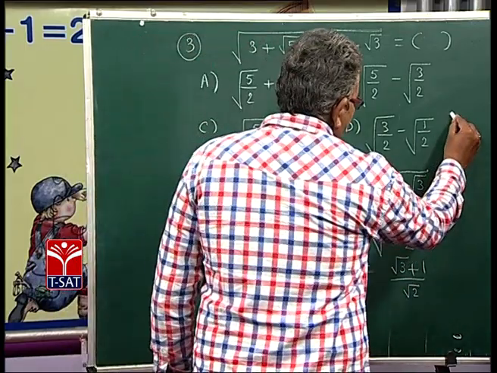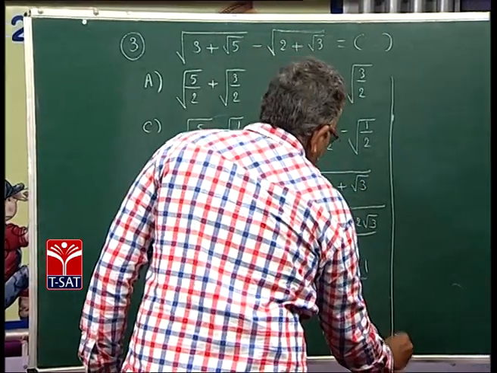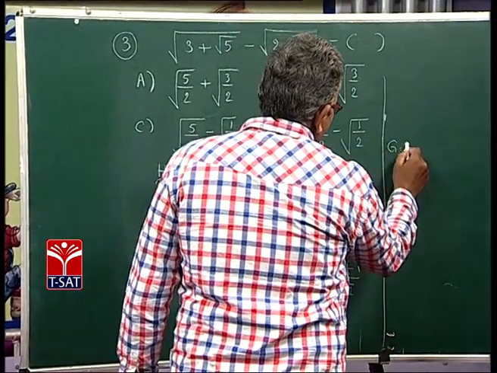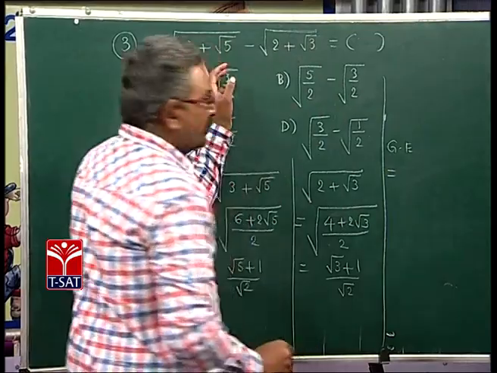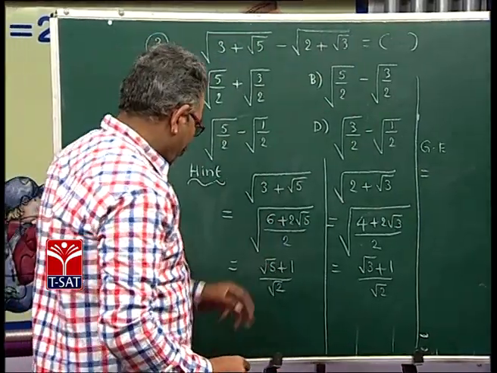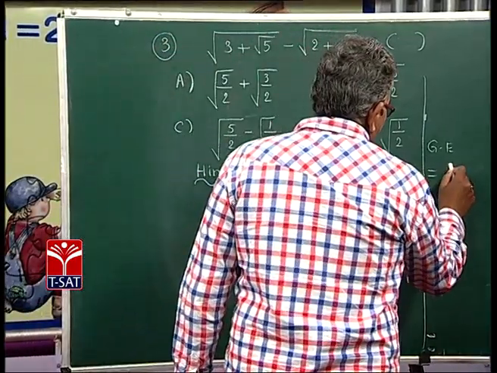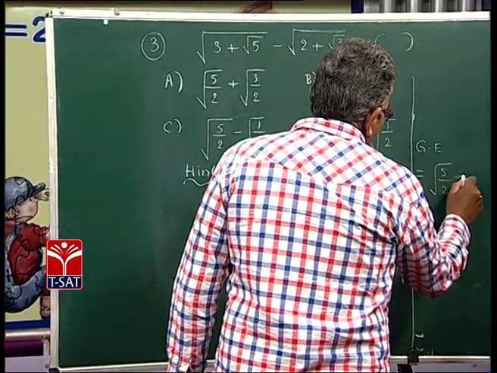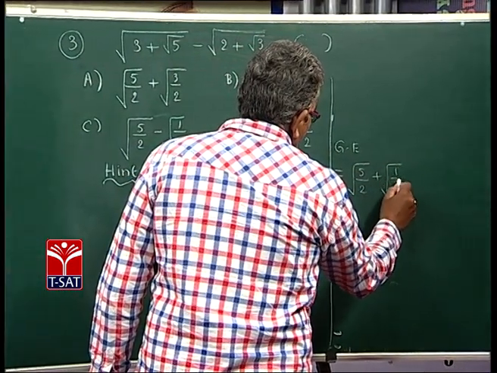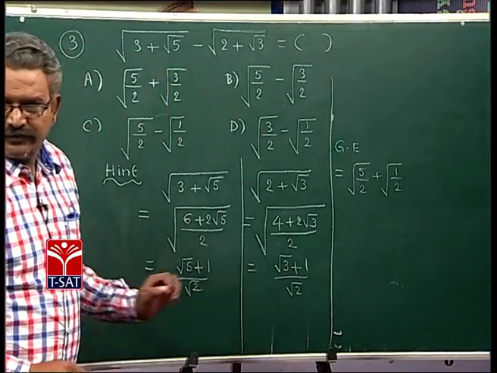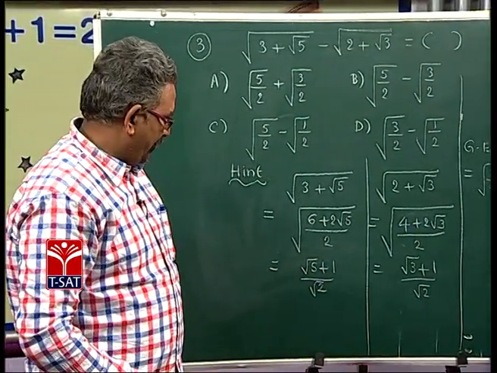Now our given expression can be written as this one: root of 5 by 2 plus root of 1 by 2. Can I write like this? Okay.